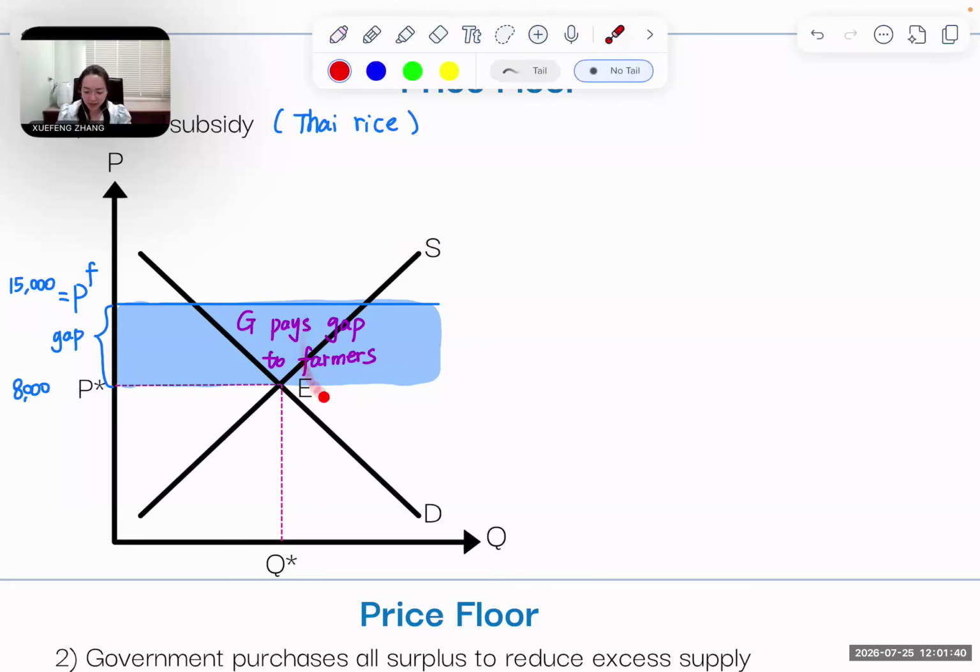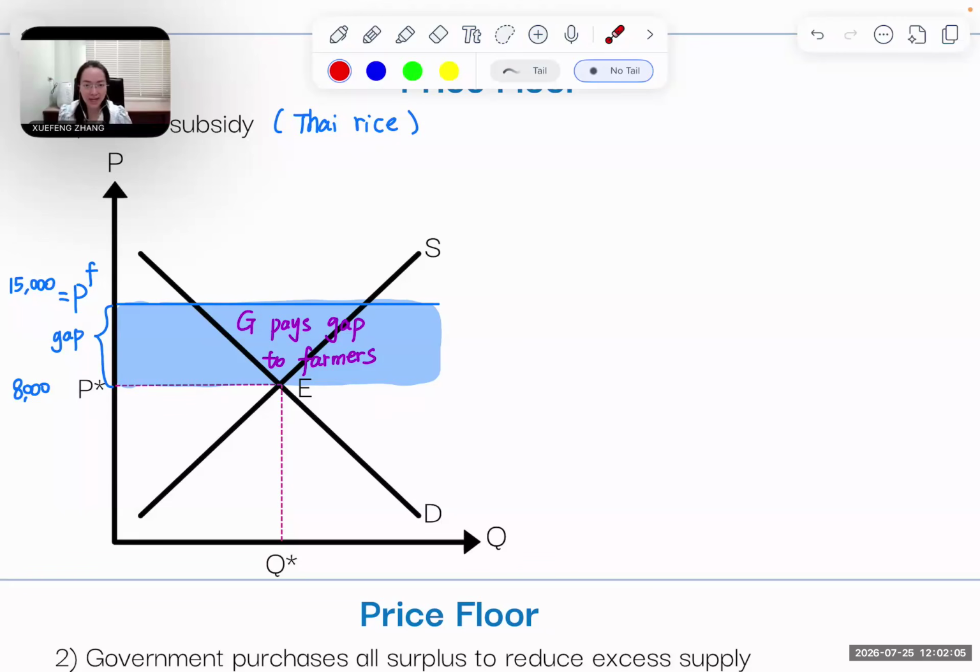So look at the graph, nothing moved, okay? So they're still trading at the equilibrium at point E. So the market price is P star and Q star. Consumers pay the normal market price, which is P star. Farmers quietly get topped up behind the scenes.